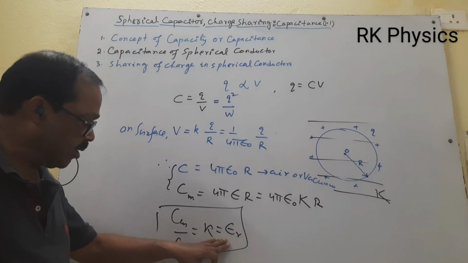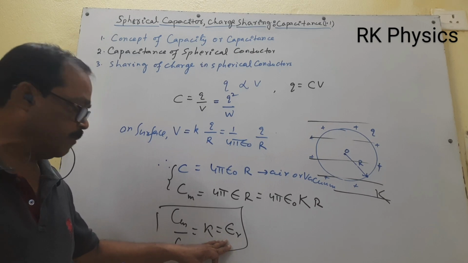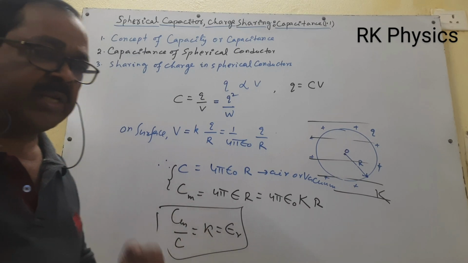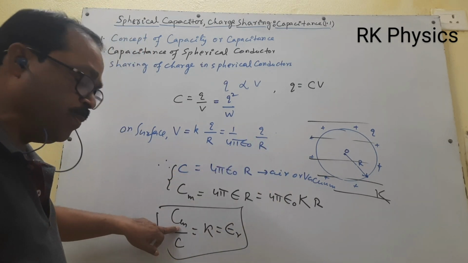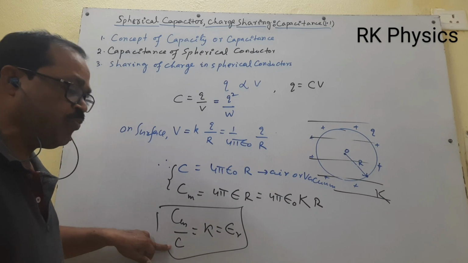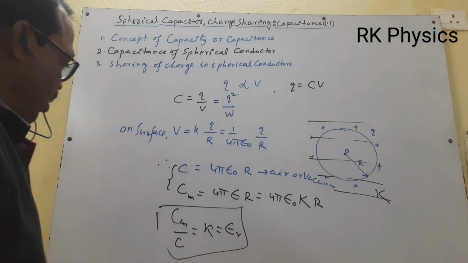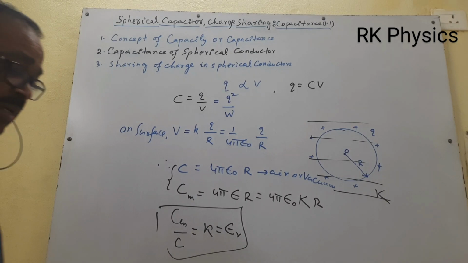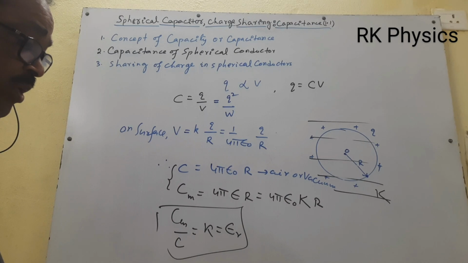Thus, relative permittivity, or specific inductive capacity, or dielectric constant is defined as the ratio of the capacitance in a medium to the capacitance in air or vacuum. Since C_m divided by C is the ratio of two identical terms, the dielectric constant is a unitless and dimensionless constant.